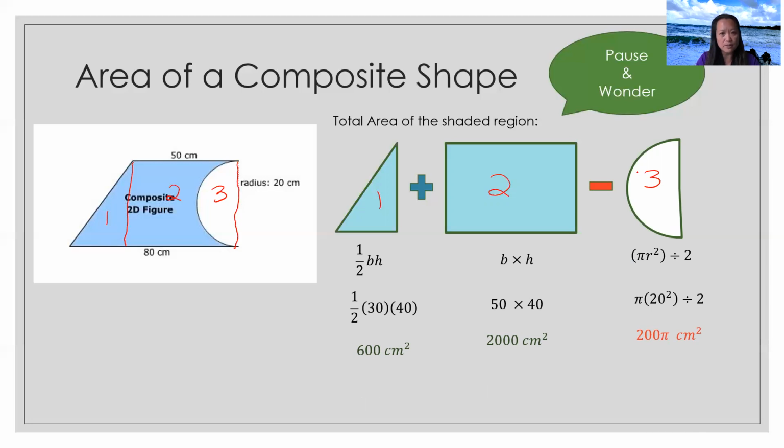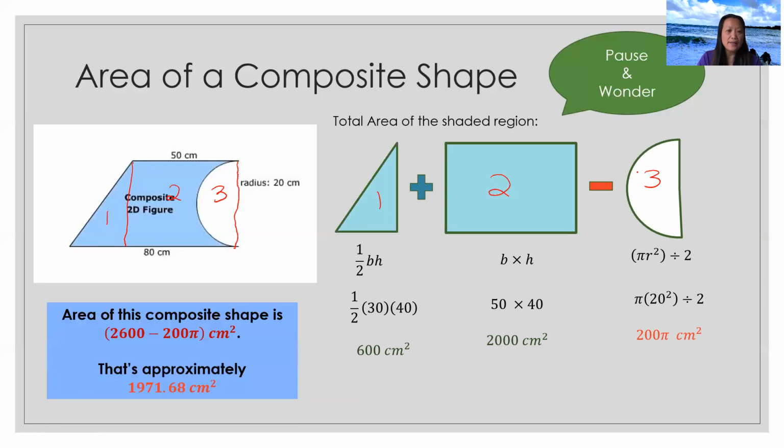So then 600 plus 2,000 minus 200 pi, the area of the composite shape is 2,600 minus 200 pi, and the unit is, let's remember what we're counting here. Centimeter is the unit of length, so the unit of area must be centimeters squared.